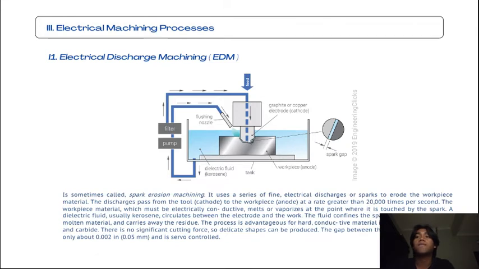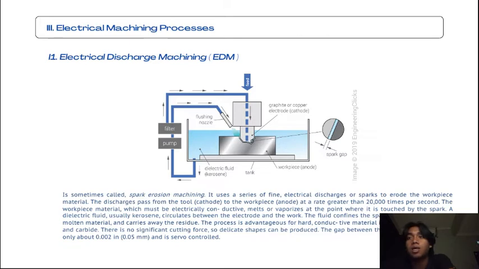The fluid conveys the spark, cools, flushes away some molten material, and carries away the residue. The process is advantageous for hard conductive materials, including hardened steel and carbide.